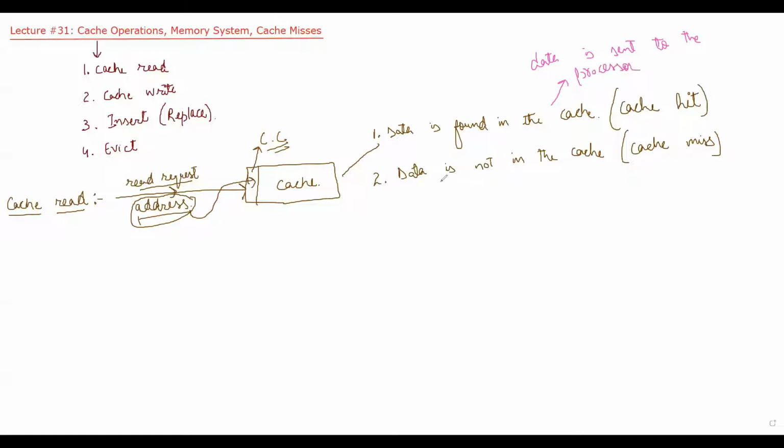Okay, and if the data is not in the cache, then a request is forwarded to lower level. Lower level means, let's suppose I have an L1 cache, and if there is a miss in L1 cache, we will forward the request to the L2 cache, and the last level will be the main memory.